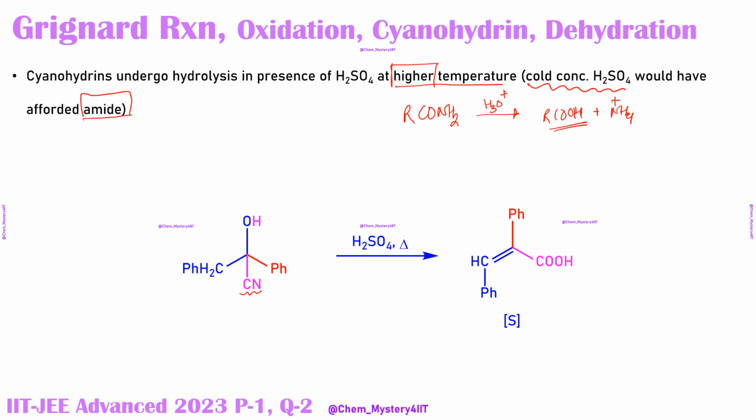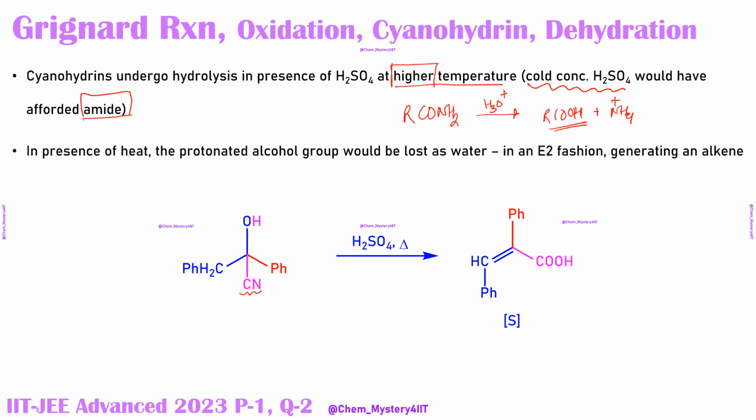So the very first thing we should expect is that, although dehydration is going to happen, before dehydration, hydrolysis of the cyanide group will also take place, because we have a very acidic medium, sulfuric acid, and the temperature is also high. So before dehydration of this OH starts taking place, we expect the cyanide would also undergo hydrolysis into a carboxylic acid group.